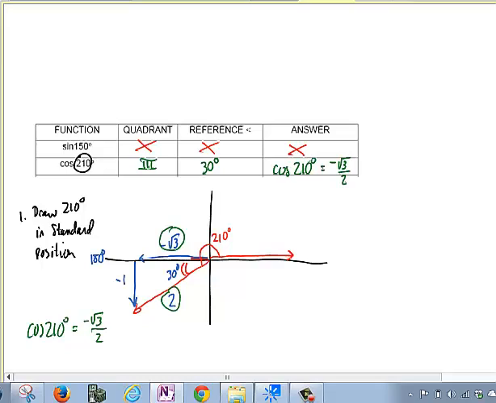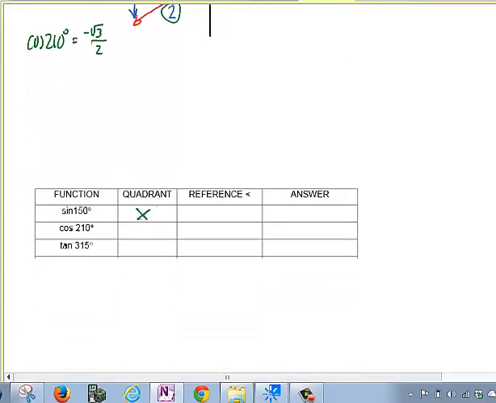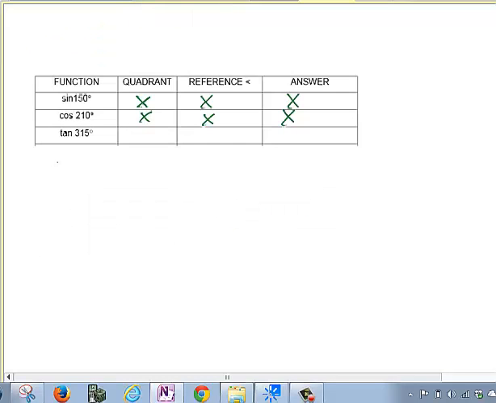Now I have a question for you to try. And I'm just going to cross out what I don't want you to do because we've already done this. We filled these parts out in the chart. I want you to do the tangent ratio of 315 degrees. So remember the steps. Draw 315 in standard position. Find the reference triangle.